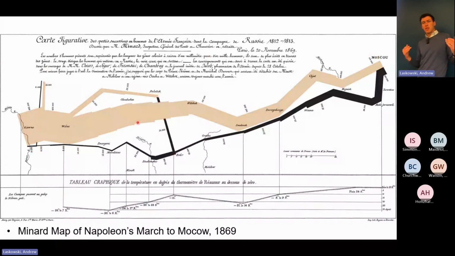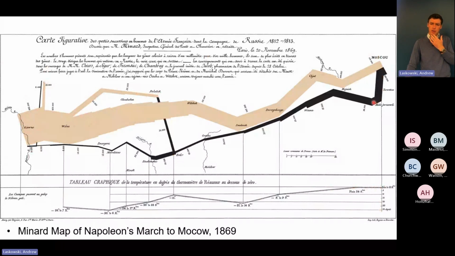The story was of disease and bad weather. So you can see how the army was reduced in size as it marched to Moscow, where eventually it was defeated, turned around and started retreating. And on the bottom here, we have a diagram showing the temperature, with 0 at the top and -30 at the bottom.